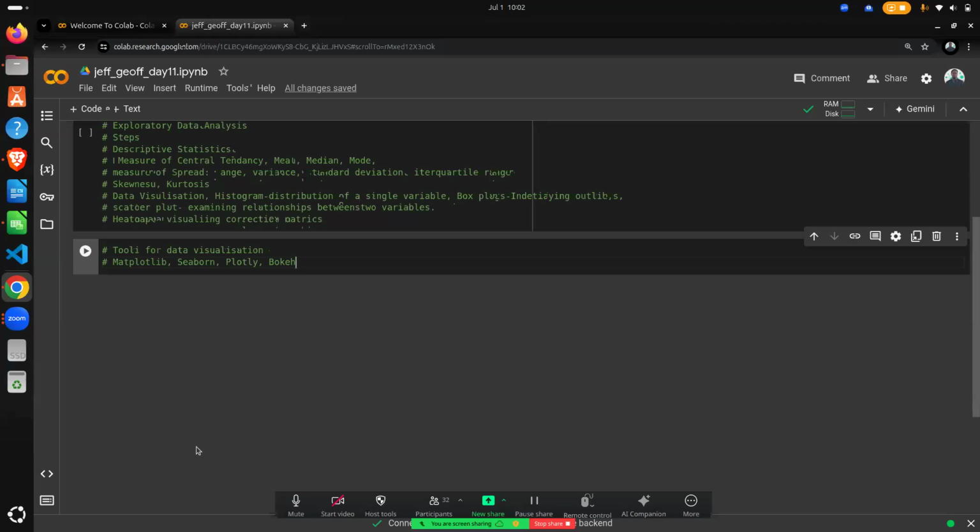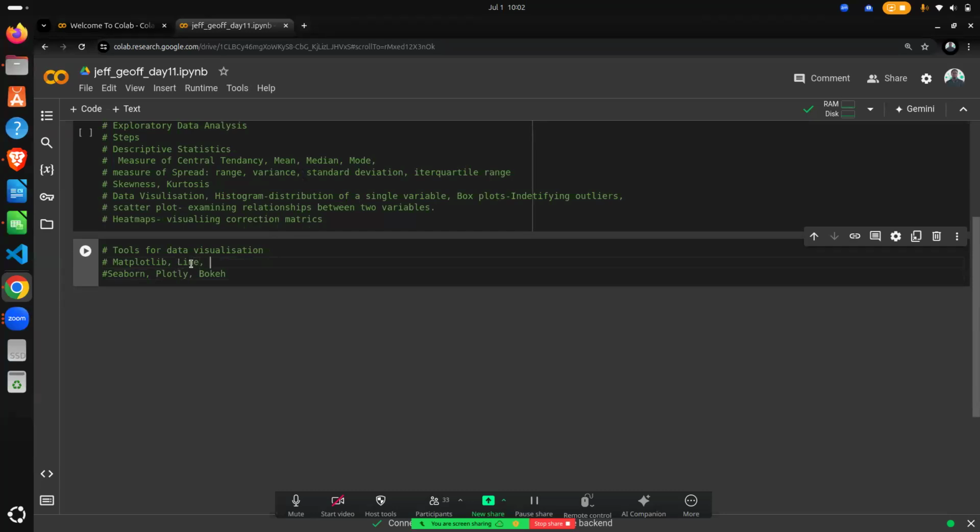Those are the tools which are there. But you also need to understand when you say import Matplotlib, what kind of graphs are you going to have? You're going to have a line graph, a bar graph, a scatter, and a histogram.